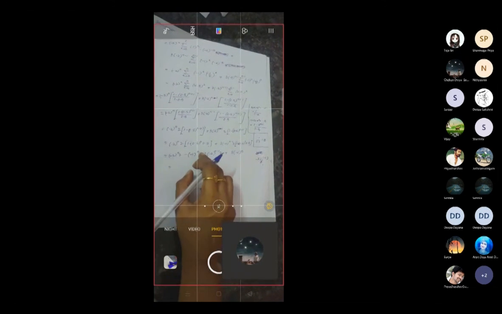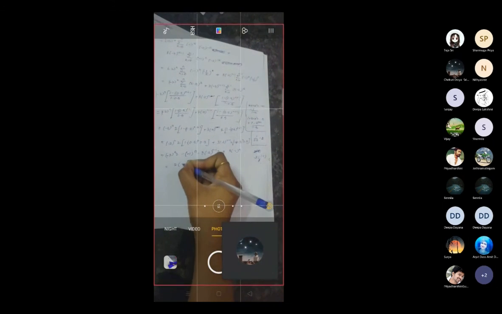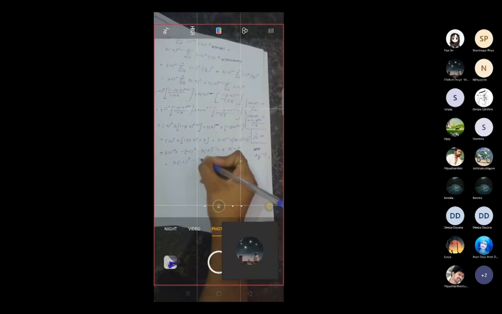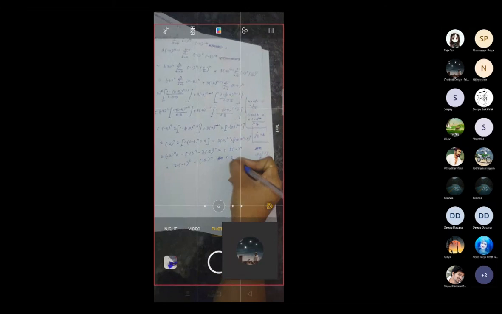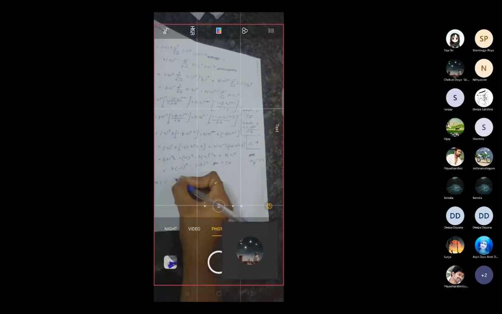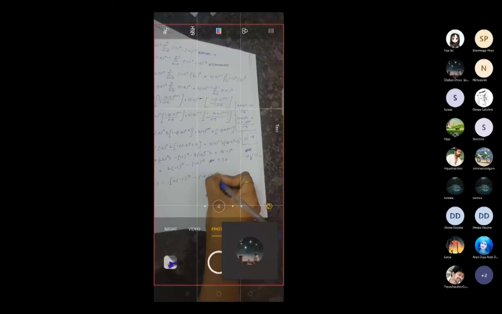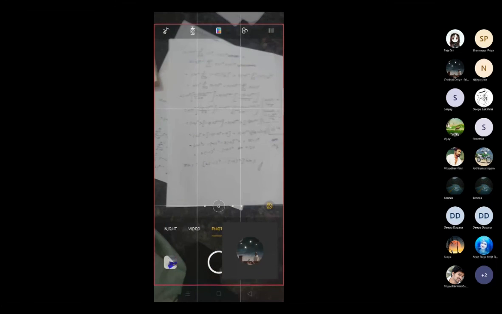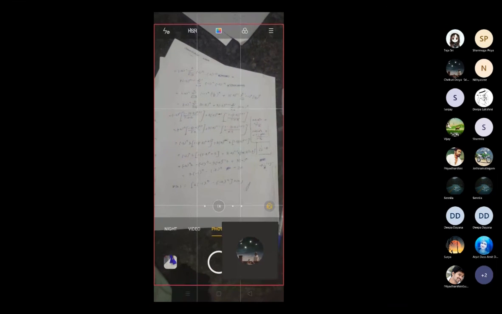After that, you have to simplify all your n terms separately and all your constant terms separately. Simplify, you will get 2 into (-1)^n minus (-2)^n for n greater than or equal to 0. So x of n you can write as (2 into (-1)^n minus (-2)^n) into u of n. This is your x of n. So like this you have to find out your inverse z transform by using the convolution method.